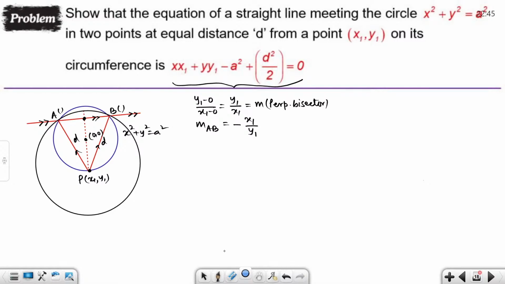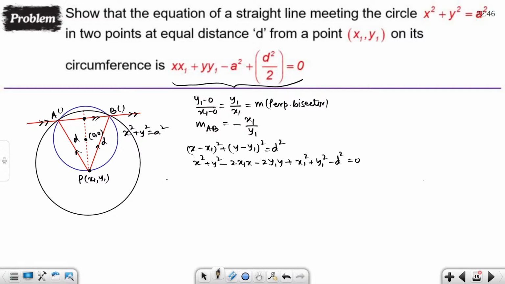Then what will be the equation of this circle? The equation of the circle will be (x minus x1) whole square plus (y minus y1) whole square equals d square. Center radius form. So if I open the brackets, we are going to have... Am I correct?